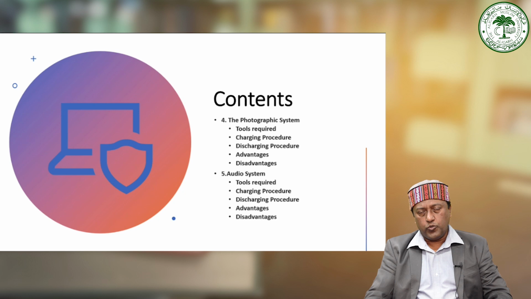Then again, as usual, we will discuss the advantages and disadvantages of this photo charging system. In the second part, I'll talk about the audio charging, where I'll talk again about the tools, means paraphernalia required for operating the system, and then we'll discuss the charging system and discharging system, and then again the advantages and disadvantages. This is how we are going to cover our lecture.